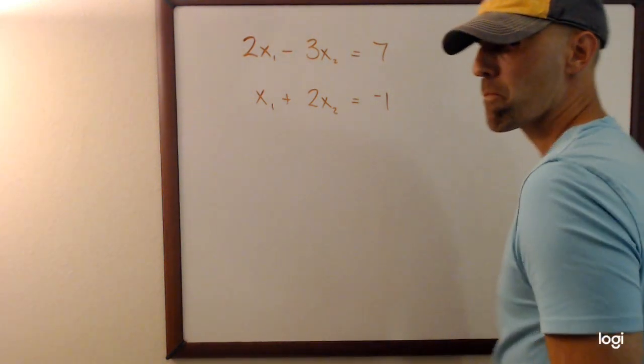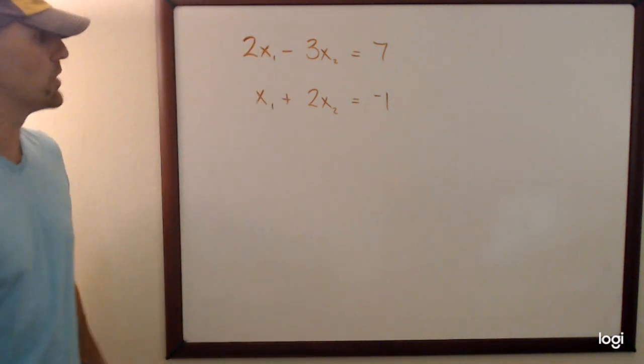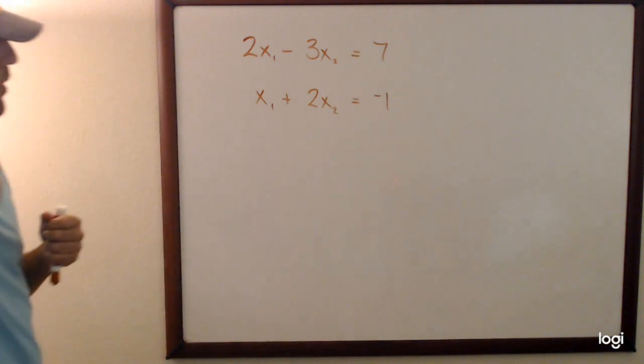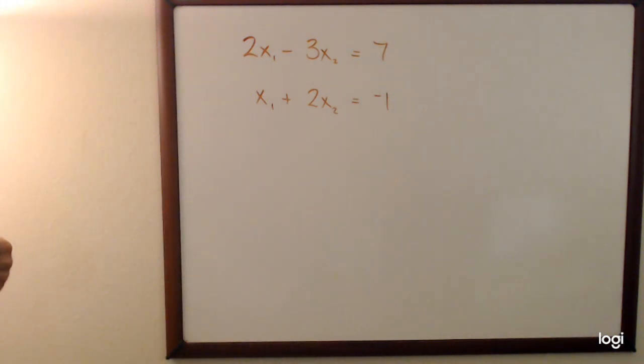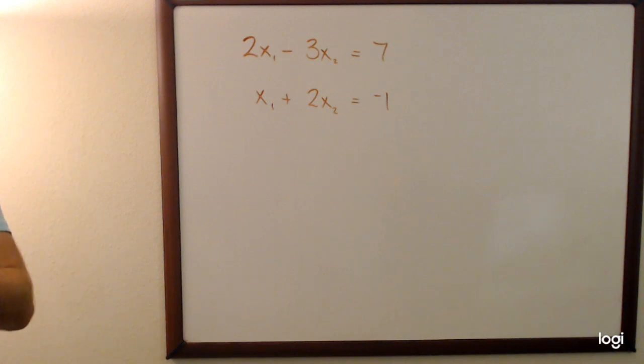Ultimately, we learn the elimination technique, which is to say, let's say I multiply one or both of my equations by a number, and then get it to where the corresponding coefficients are now additive inverses, right?